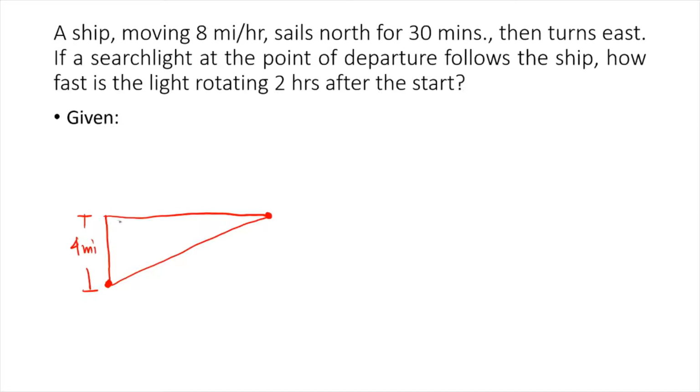So this is a right triangle. This quantity is unknown and this will change over time, right? So let's call it x. And then another quantity at play here is this angle here.